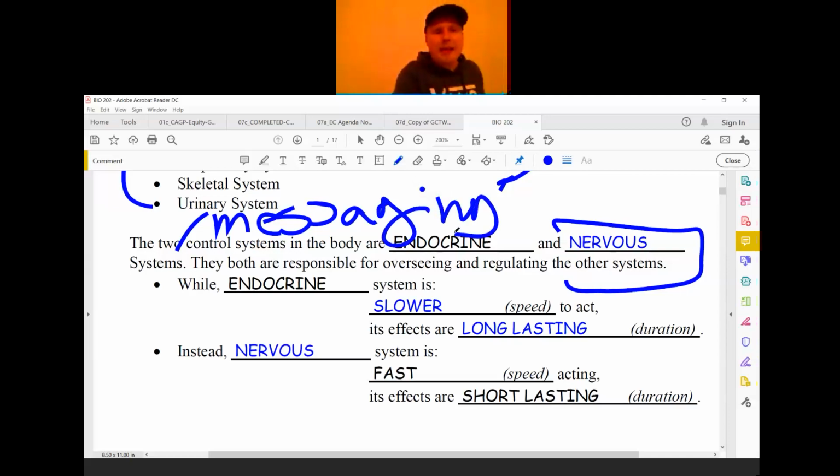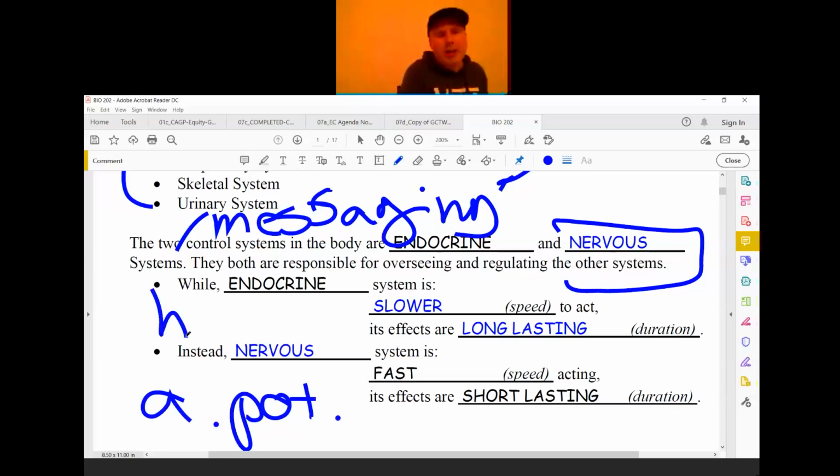And what we see there is that there's quite a big difference between how action potentials in the nervous system and how hormones in the endocrine system work. Whereas the action potentials are really fast and they last only for a very short amount of time, hormones take a longer time to act.